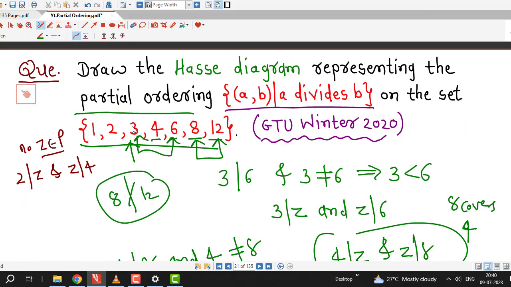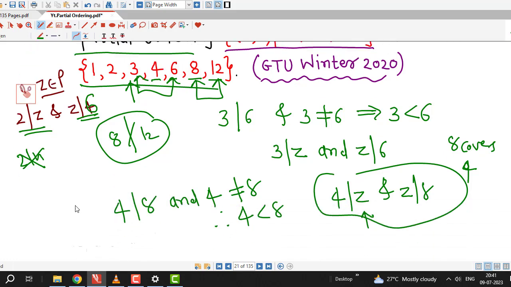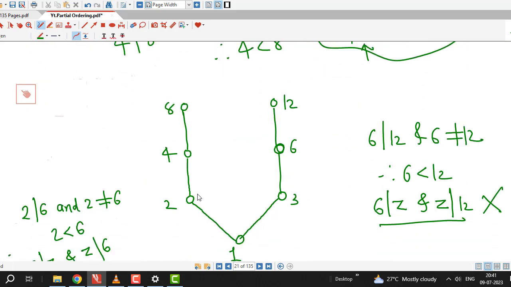We can see here 2 divides 4, 6, 8 and 12, and we cannot have any z in the given set such that 2 divides z and z divides 6 here, because if we take z equal to 4, then 2 divides 4, but 4 does not divide 6. So there is no element z in this set such that this happens, that is 2 divides z and z divides 6. That means 6 is a cover of 2.